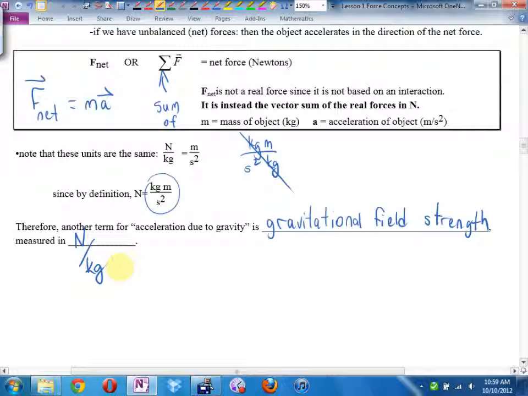I'm not going to be fussy whether you write 9.8 meters per second squared or 9.8 newtons per kilogram. For what it's worth, if you're talking about an acceleration, like last unit, it's proper to use meters per second squared. If you're talking about a force like this unit, a gravitational force, it's proper to use newtons per kilogram. I don't care, Dorothy. I'll try and do it properly, but I'm not going to take marks off.